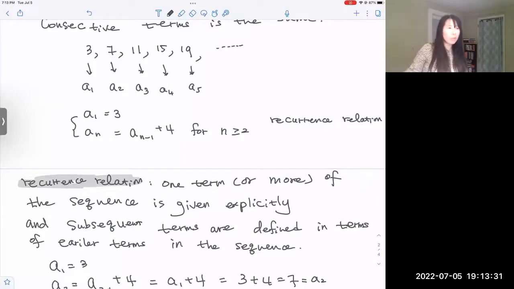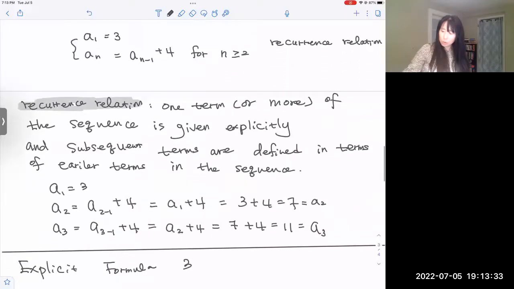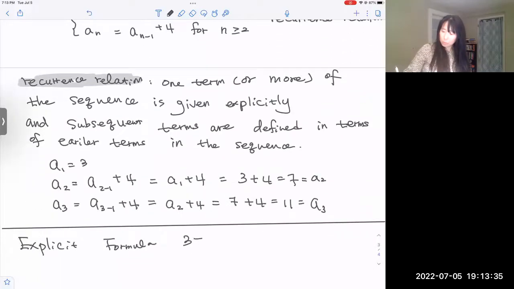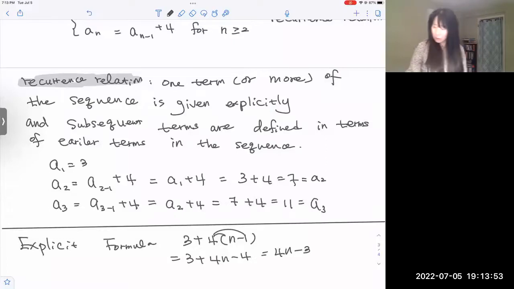But then look, we can create this one, n minus 1. All right, so let's do this. So we have 3 plus 4 times n minus 1, which is 4n minus 1, sorry.